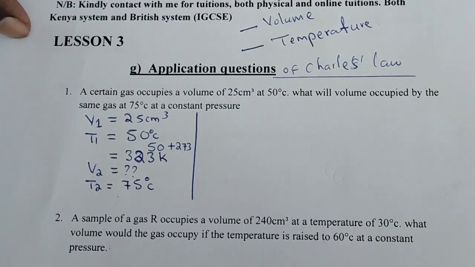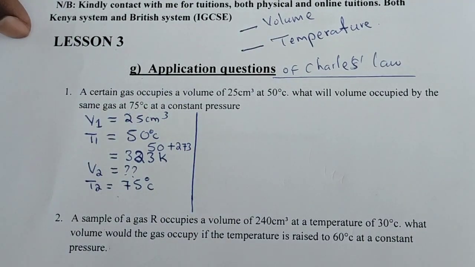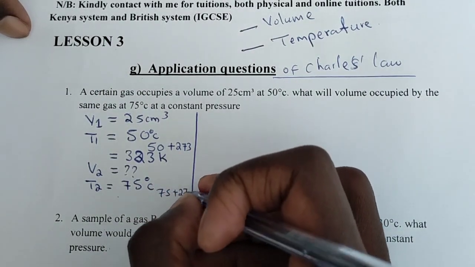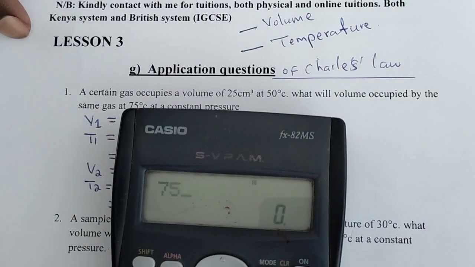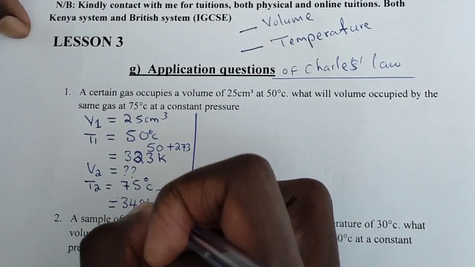The temperature in Charles law is expressed in Kelvin. To change from degrees Celsius to Kelvin, you add 273. So we have 75 plus 273, which is 348 Kelvin.